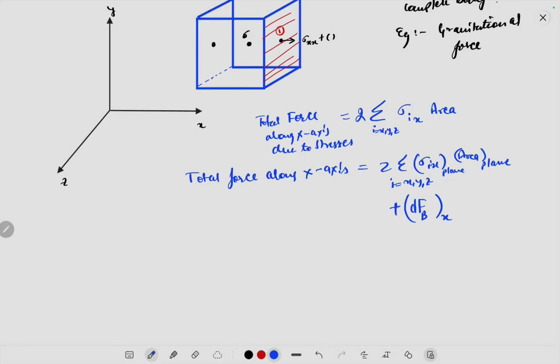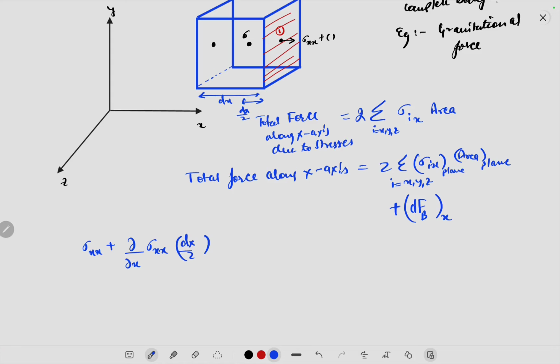Okay, now let's consider this area surface, this plane 1. So what will be sigma directed along x axis on this one? That will be given by the Taylor series, which will be sigma xx plus del by del x of sigma xx times, so if this is dx, this will be dx by 2, into the area.